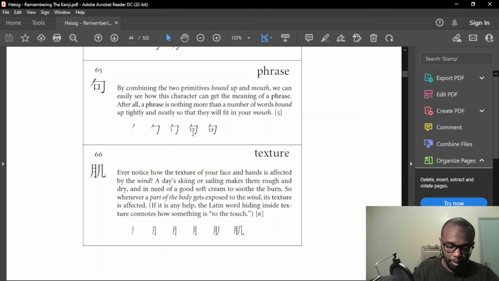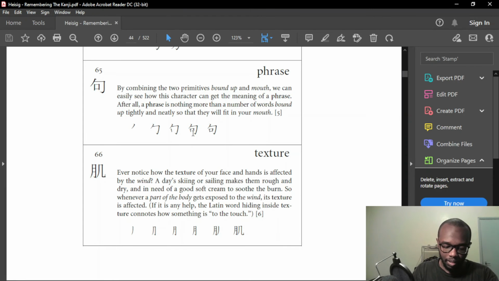Okay, so mouth is bound, preventing speaking phrases. Phrase. But I've seen this one clashing with employee, which is a mouth, bound with a clamp.